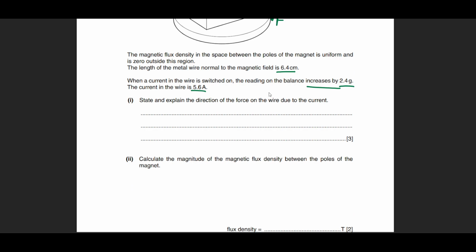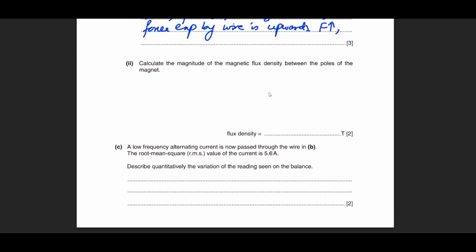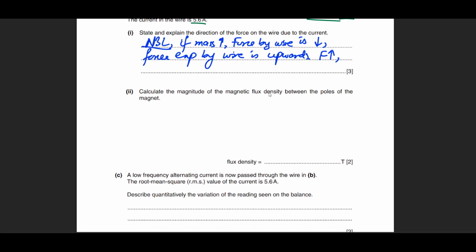So what we write down is that according to Newton's third law, if mass has increased, force by wire is downwards, but force experienced by wire is upwards. So the motion of wire is going to be upwards. This Newton's third law idea is going to be very common in this type of question.